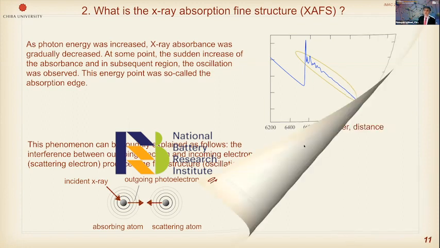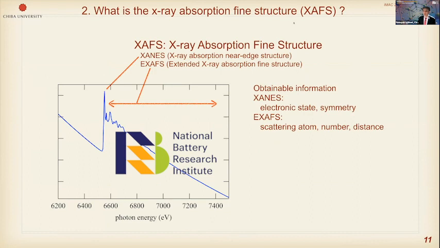So, I'll just say that XAFS is X-ray absorption fine structure, and it can be divided into two parts. The first part is around the edge, about 50 or 100 electron volts of the edge region. This is the so-called X-ray absorption near edge structure.